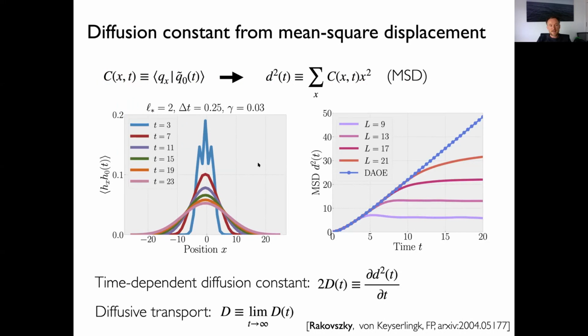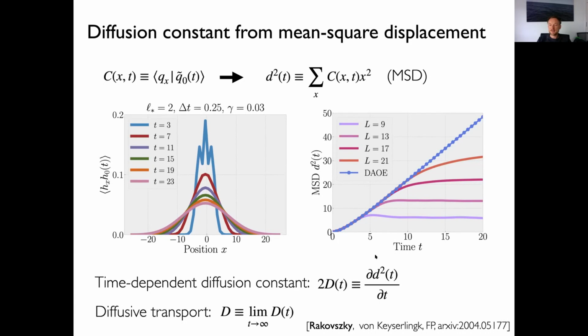So now we can apply this idea to this model to extract the diffusion constant, for example, by calculating the mean square displacement. And this is shown here on the right-hand side. The dotted lines we obtain from the DAOE method, where we extrapolate the gamma value to 0, and then we compare to exact diagonalization data.